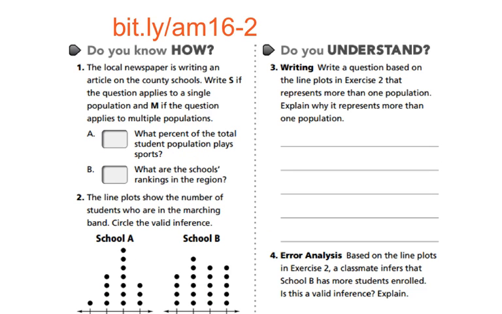Once you have your answers written on paper, you need to go to bit.ly/AM16-2. Again, the AM stands for Accelerated Math, and the 16.2 is the section that this is. So, answer the questions on paper, go to that website, and put your answers into the document.